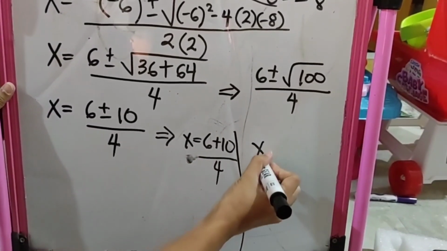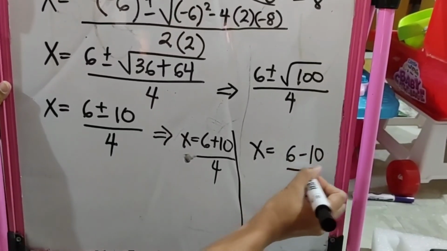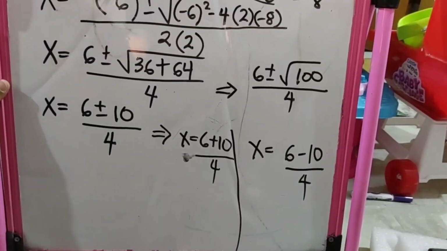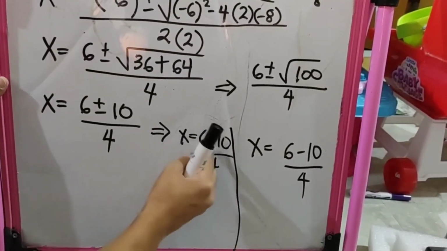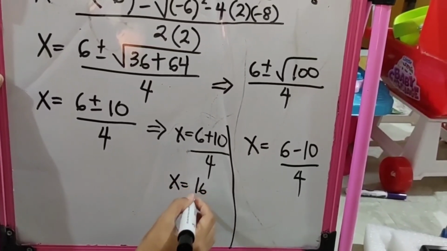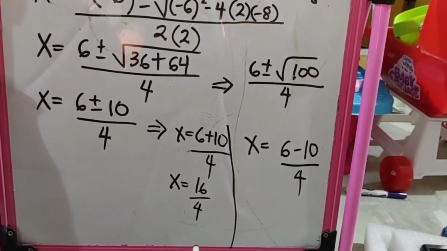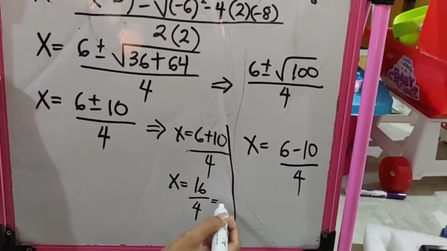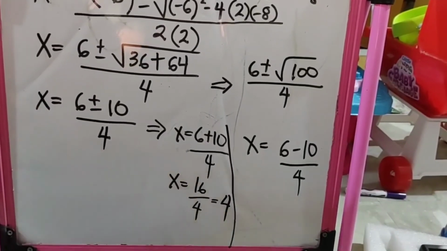And the other one is x equals 6 minus 10 all over 4. On the left side, we have 6 plus 10 is 16 over 4. And 16 divided by 4 is 4, which gives us our first solution.